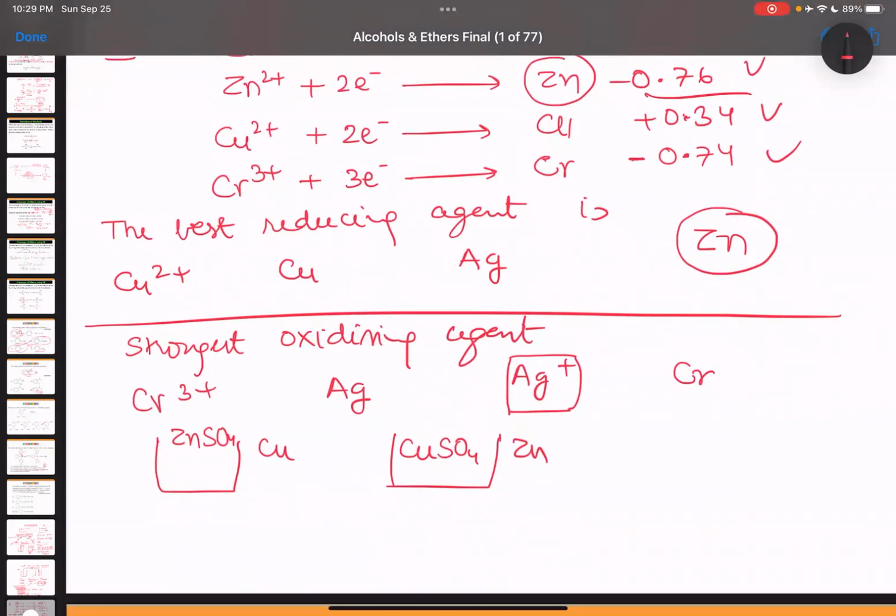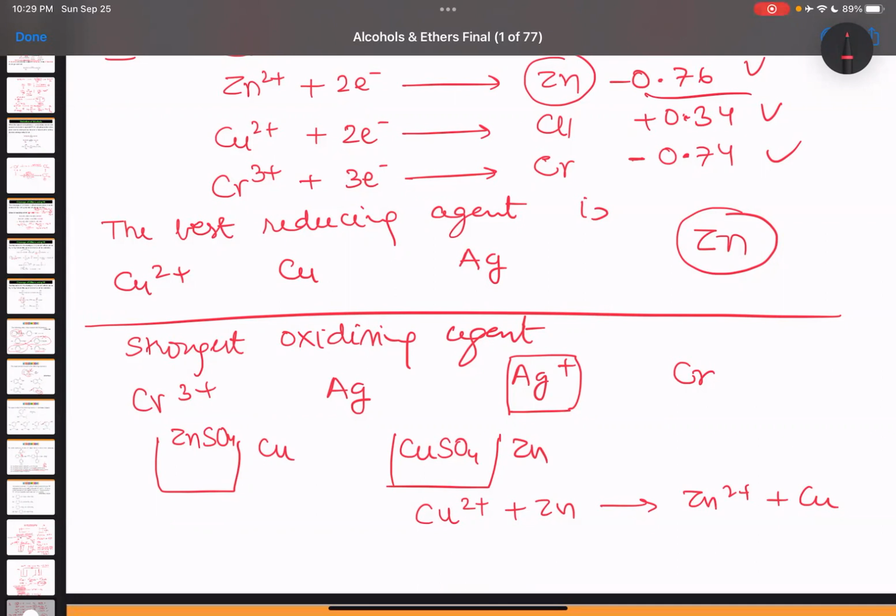So in this, suppose if the reaction happens, Cu2 plus plus zinc gives zinc 2 plus and Cu. So in this case, what is happening is the zinc taking electron or giving electrons? Giving electron. Yeah, it's giving electrons. So zinc can give the electrons.